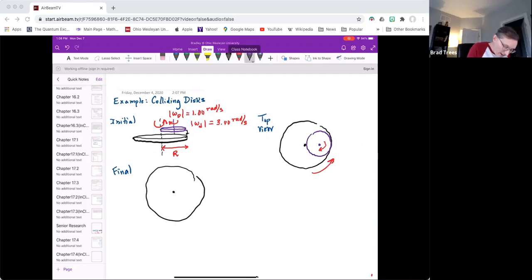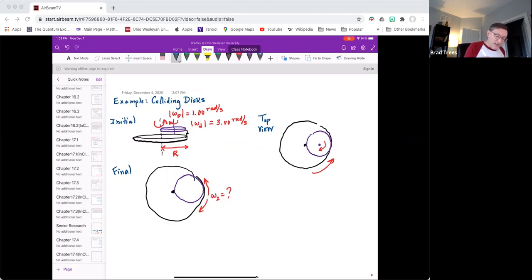Except now there's just this one axis right through the center of the big one, and they're both rotating about that. But I don't know whether the whole thing is rotating that way or that way. And I want to find that angular velocity, because the second smaller one is now just riding on top of the bigger one.